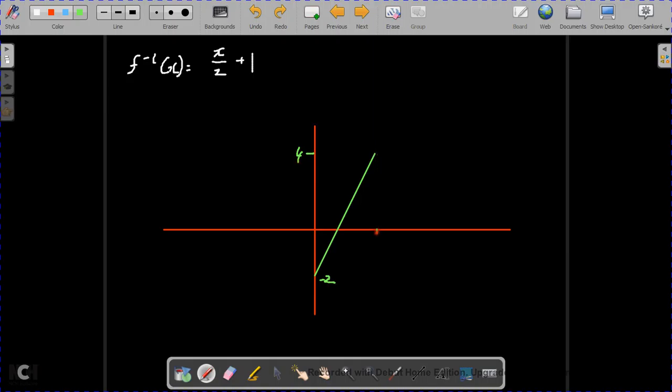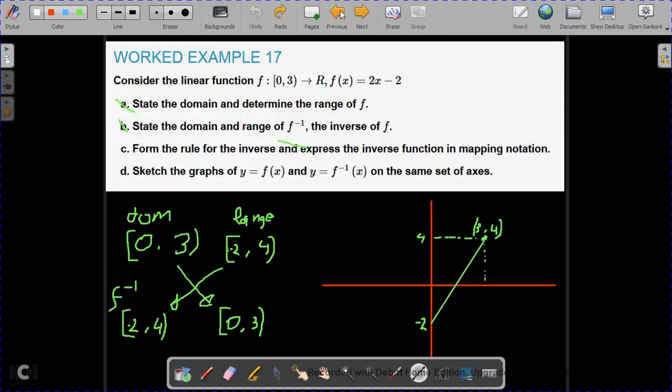So that was 4 and that was 3. Now our range, our domain for our inverse is going to go from minus 2 up to 3. No, it should be 4, sorry. So it should go up to 4. Yeah, minus 2 to 4.